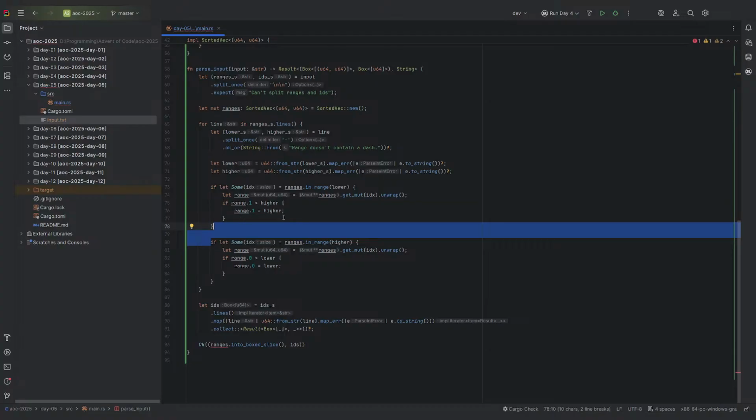If the lower bound is in a lower range, then these ranges are always joined immediately, so what if there's a range that's completely contained? Well, that might be an issue.